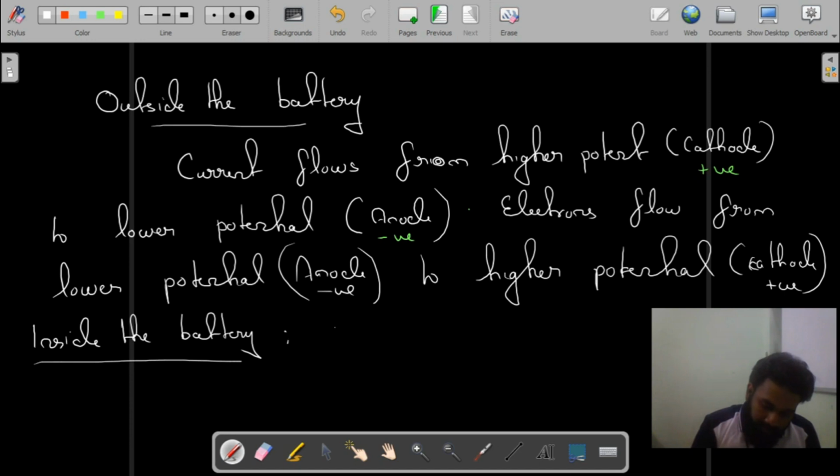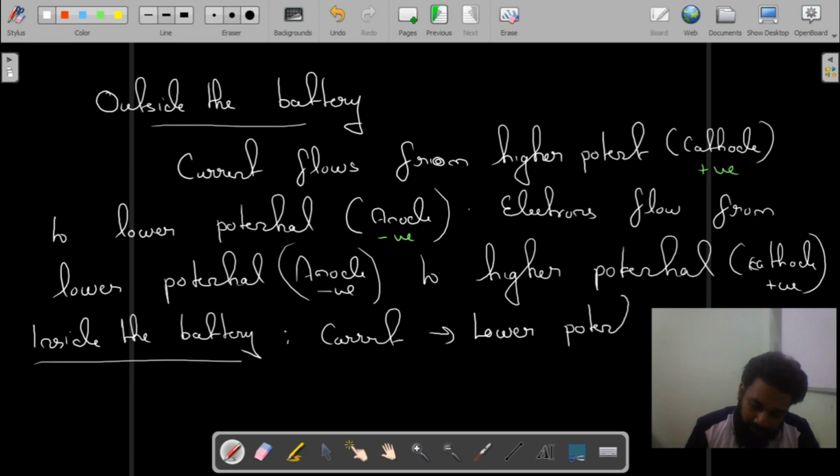So current flows from lower potential to higher potential, lower to higher. Lower means anode, which is nothing but negative.